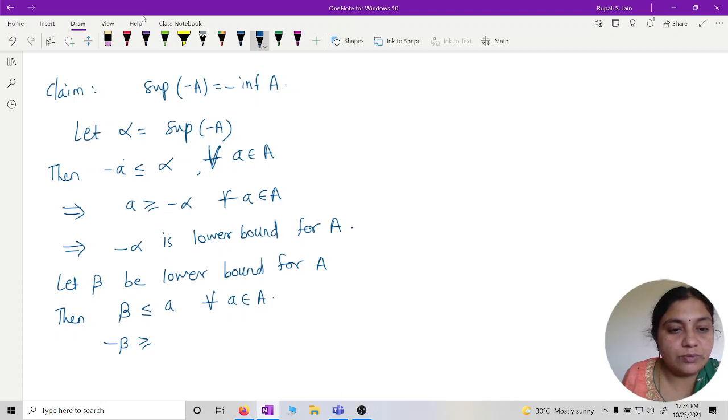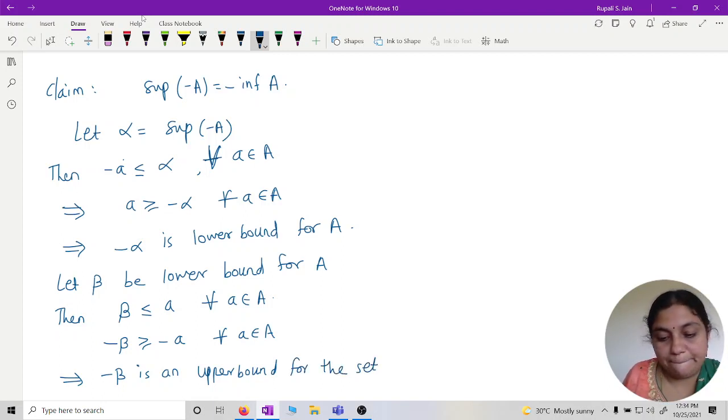It is greater than or equal to minus a for all a in A. So this implies minus beta is an upper bound for which set? For the set minus A.